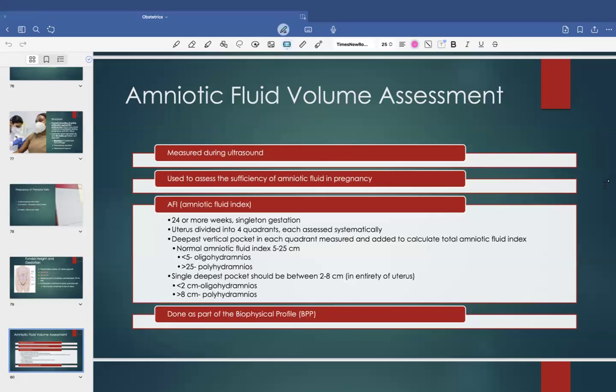So 2 to 8 centimeters. If it's less than 2 centimeters, that may mean it's too little amniotic fluid. If it's over 8 centimeters, that may mean it's polyhydramnios, because sometimes the fetus doesn't cooperate with the ultrasound. So you may not be able to get the total amniotic fluid index. You may just be able to get a single pocket, but you still determine what that level of amniotic fluid is. This is done as part of the biophysical profile, which we'll talk about.